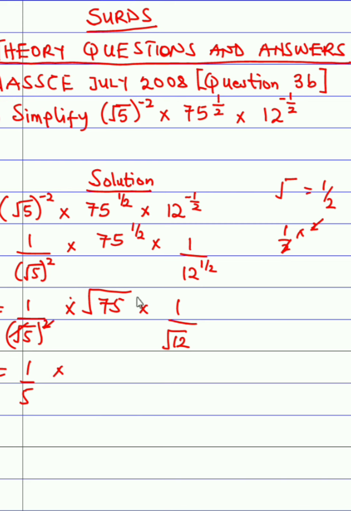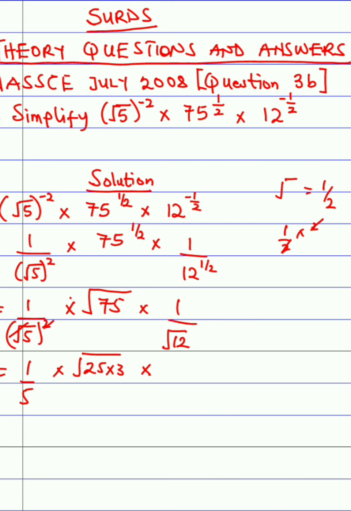Times, now let's expand 75. To expand 75, we have to make sure we have a perfect square multiplying another number. A perfect square like 25 multiplies 3 to give us 75. So we have 25 times 3. In the same way, we also have to expand root 12.